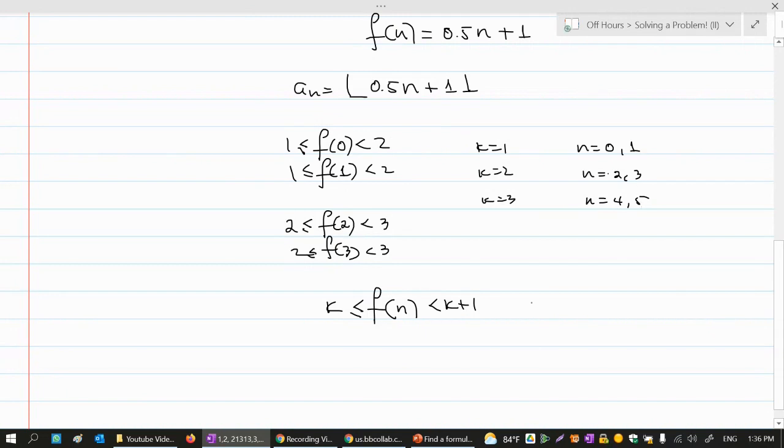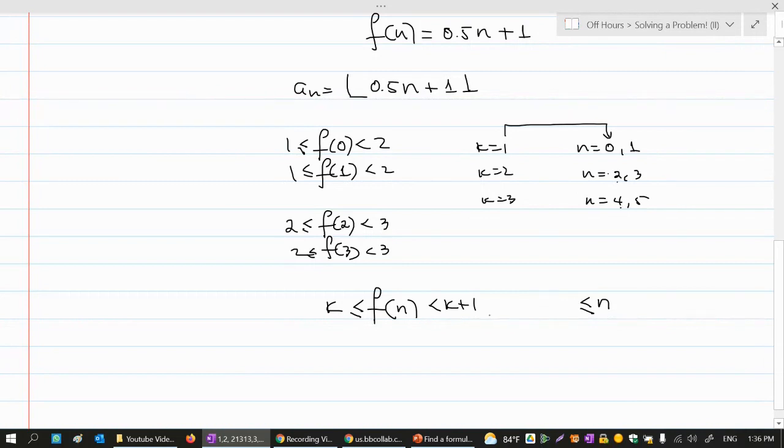So it means that this happens when n is greater than or equal to, and what is the relation between the value of k and the first number here? Well, when k is 1, the first number is 0. When k is 2, you get 2. When k is 3, you get 4.